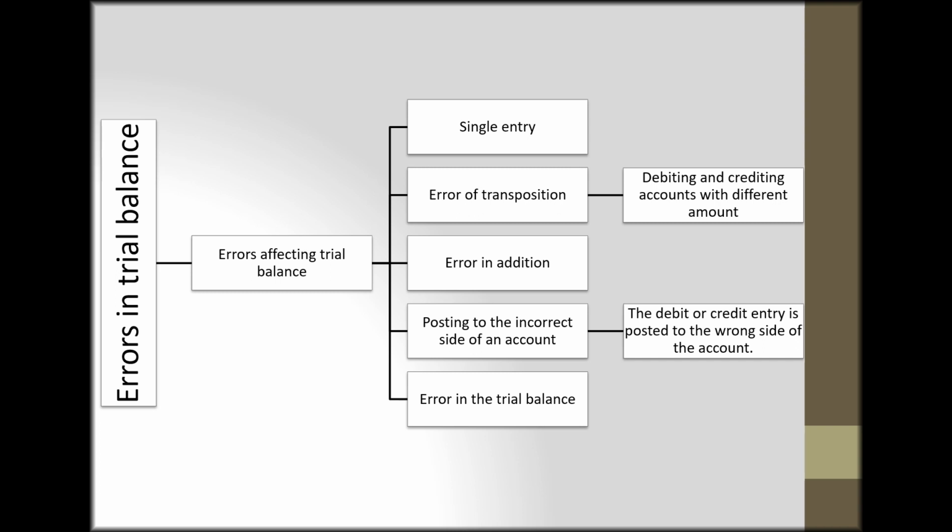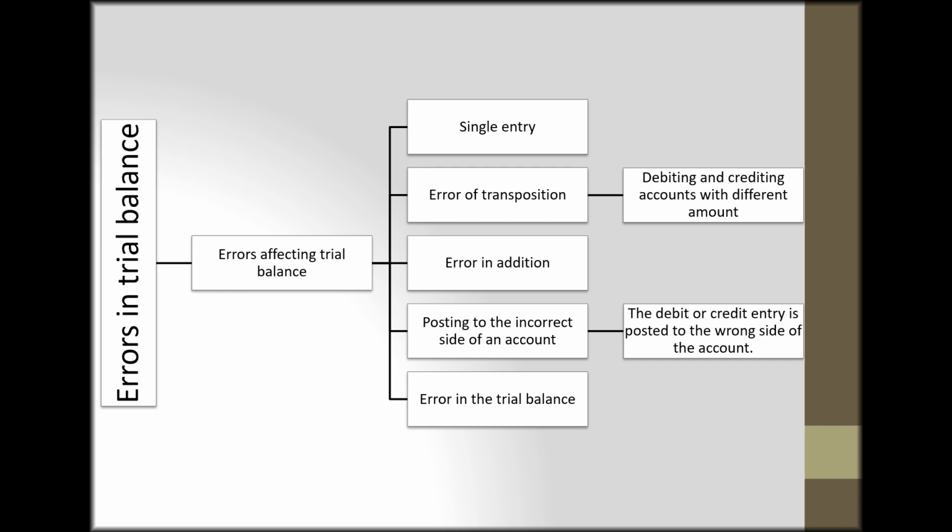But maybe due to an honest error or mistake, you debit cash 35,000, but when you record in the capital account, you record only 25,000. So at the end of the day, the debit balance will not be the same as the credit balance.